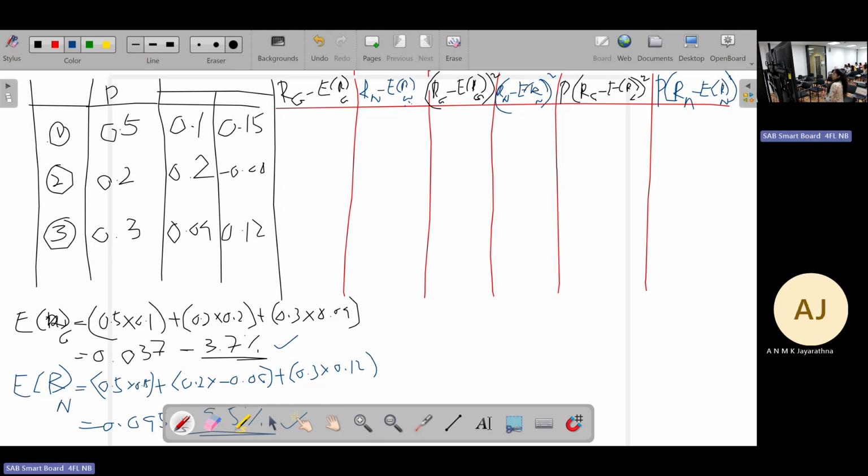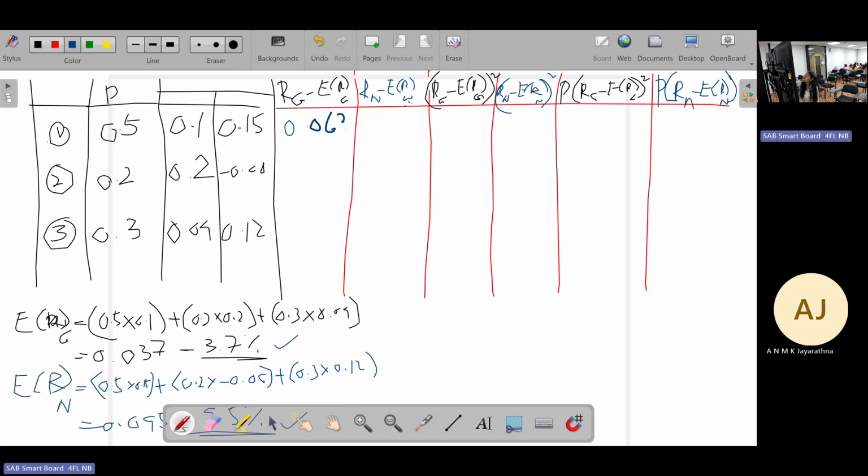We'll take first difference. What is the first difference? Tell me. How much is the first difference? 0.063.